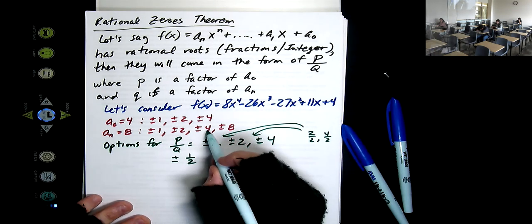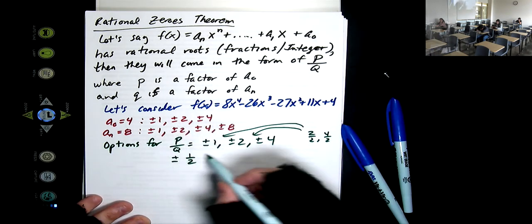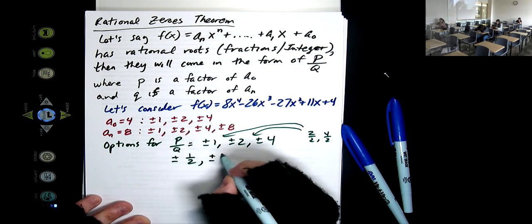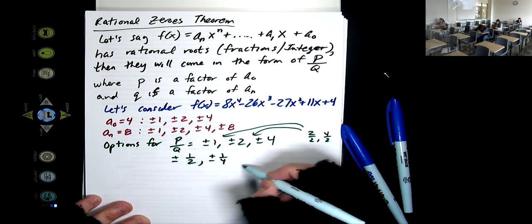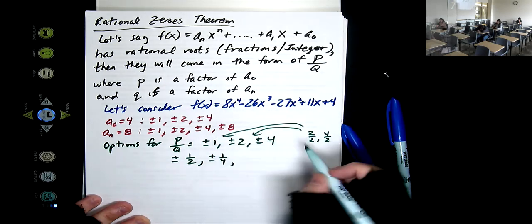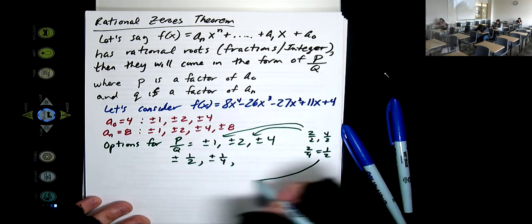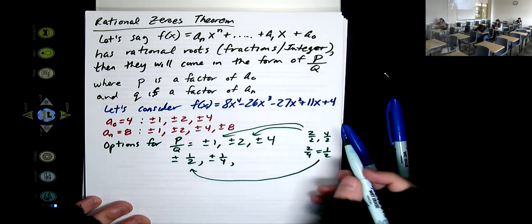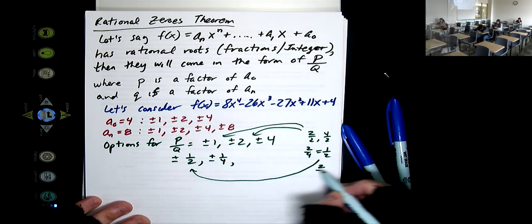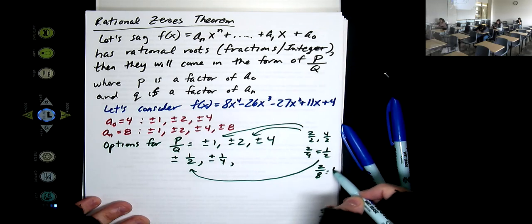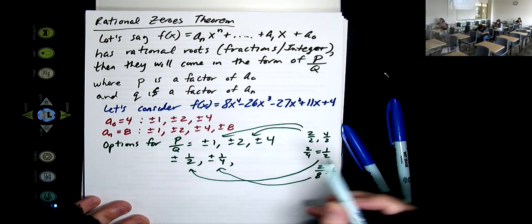Then I go over 4. I'll put each of these over 4. 1 over 4 is plus or minus 1/4. If I try dividing the 2 by the 4, I get 1/2, but I already have the 1/2 here. And if I try dividing the 2 by the 8, I get 1/4, which I already have listed here, so I don't need to write it again.